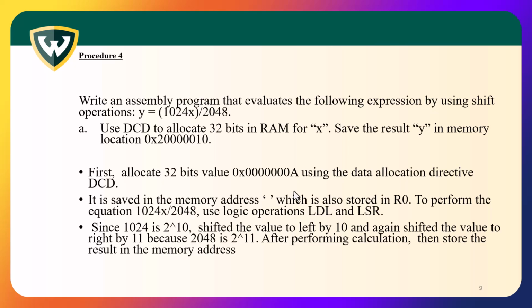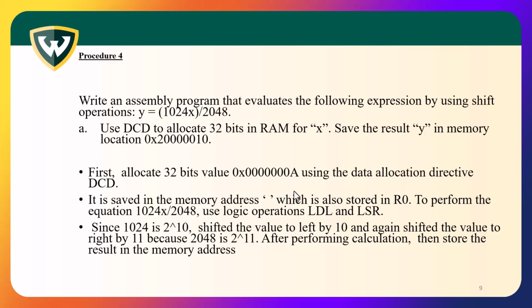The first thing we're going to see is the DCD operations. As you can see, the DCD operator is used to allocate 32 bits in the RAM. First you're going to see how the 32 bits are allocated by the data allocation directive.